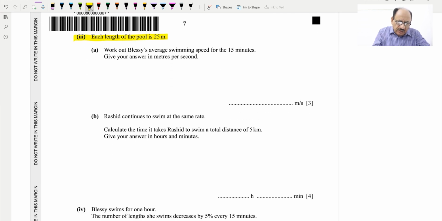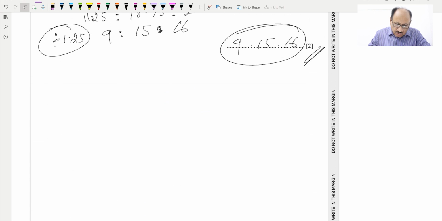Third part, each length of the pool is 25 meters. A part, work out Balse's average swimming speed for the 15 minutes and give your answer in meters per second. We know speed is equal to distance over time, and the same formula we'll be using.